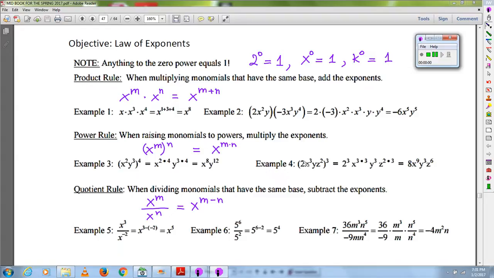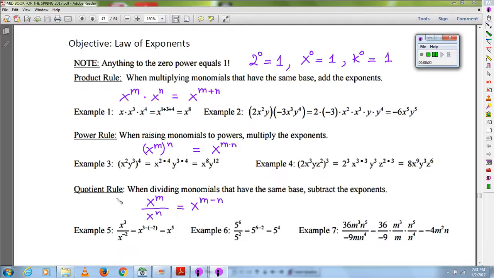So we have 2 to the power 3, x to the power 3 times 3, y to the power 3, and z to the power 2 times 3. Therefore we end up with 8, because 2 to the power 3 is 8, x to the power 9, y to the power 3, and z to the power 6.